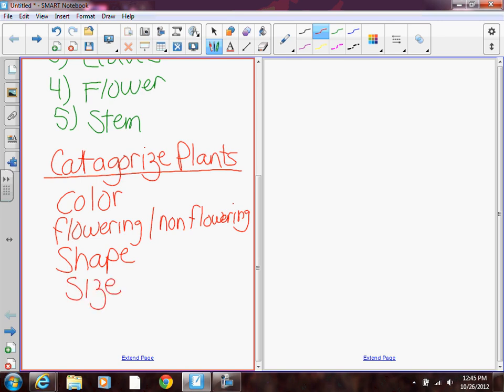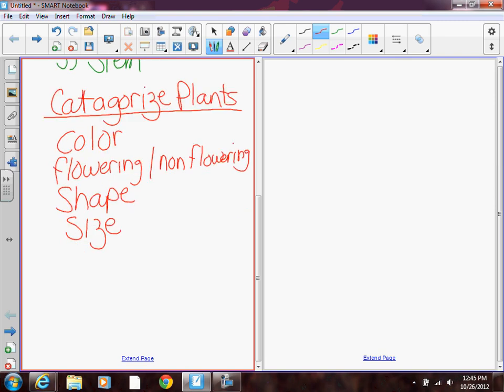Anything else you can think of? That would be size. I think that would be the same as size. Maddie? No. Jason? The type. That's how we're going to categorize them, by these things. That's going to help us figure out what type of thing it is.